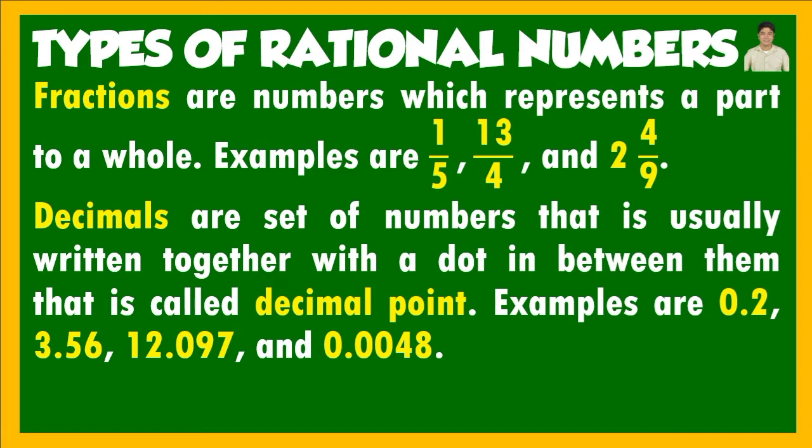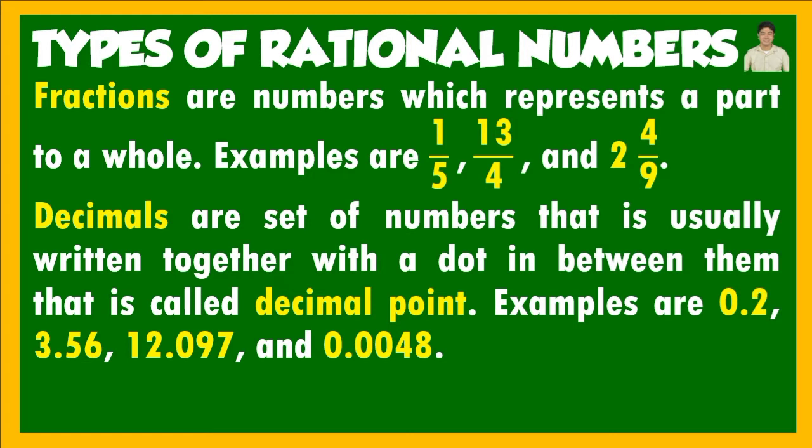Decimals are set of numbers that is usually written together with a dot in between them that is called decimal point. Makikita natin agad na ang isang number ay decimal kapag nandoon po yung decimal point, na kung saan hinihiwalay niya yung whole number tsaka yung decimal part. Ayan.